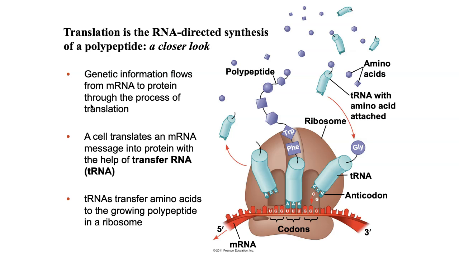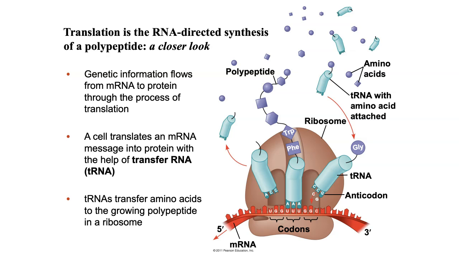Now we're going to cover a couple of extra types of RNA. So we've just gone through mRNA, and now we're going to learn about tRNA and rRNA, which we actually talked about a little bit in chapter 6. But all three of those RNAs are involved in translation.